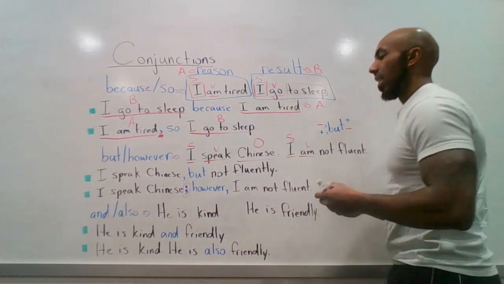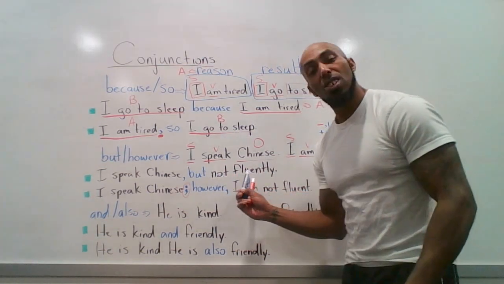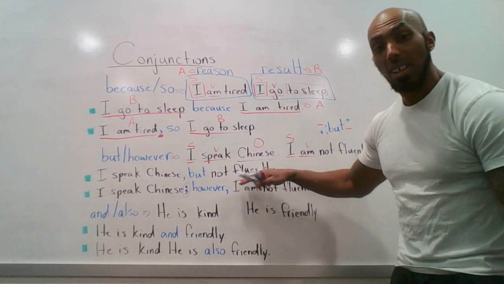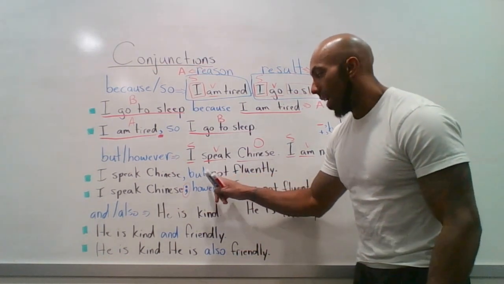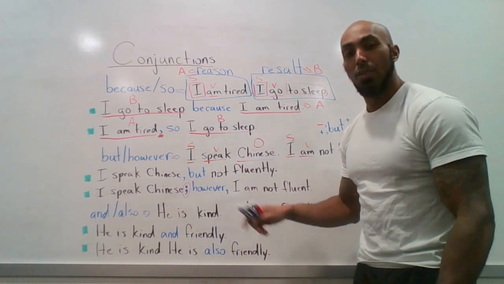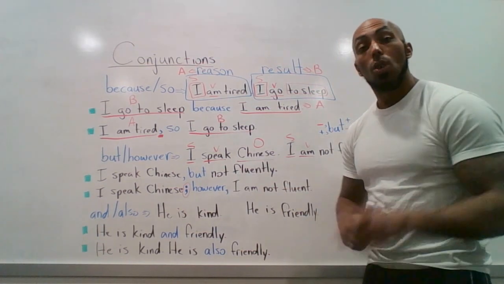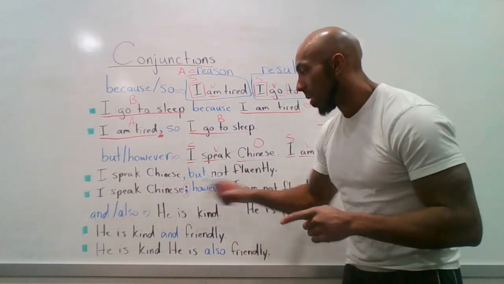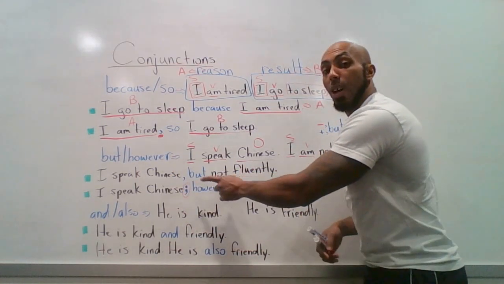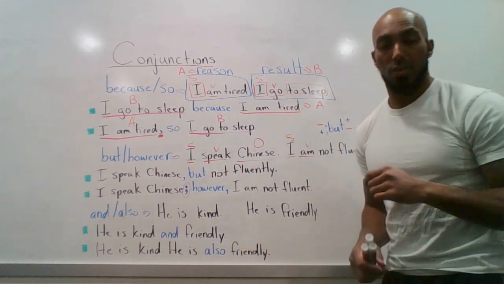Now, I changed that. I used an adverb, fluently, but let's see. Do I have a subject over here? No. Do I have a verb? No. So that's why I cannot use a semicolon. I have to use a comma because over here I don't have a subject and I don't have a verb.